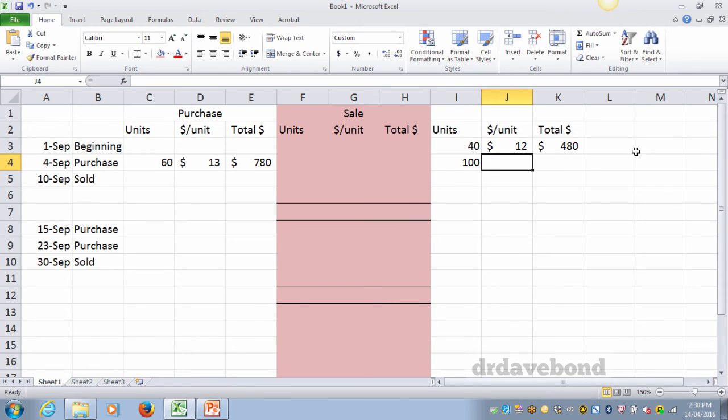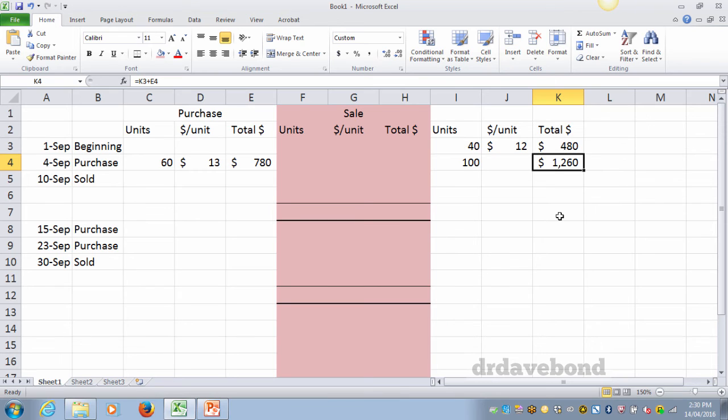Don't fill out the per-unit figure at this point, this won't make any sense for what we're doing. All we need for the total is a total from above, and what we've just bought in. So we had 480 to begin with. We have 780 that we've just bought in. Gives us a cumulative total of 100 units at $1,260.